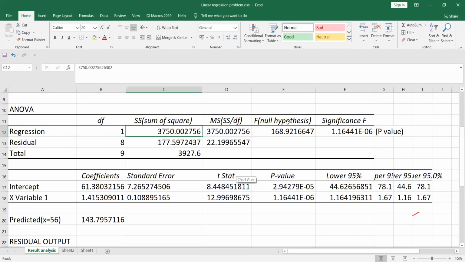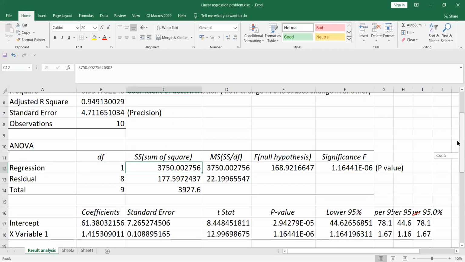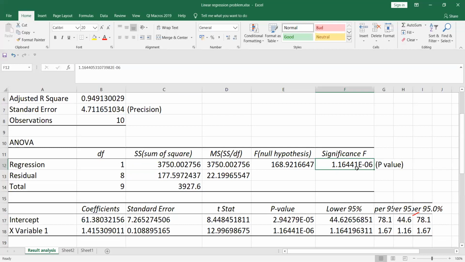F relates to the null hypothesis. If you remember, in the second and third units we applied hypothesis testing. Your significance F is your P value, which shows that it is significant with this null hypothesis, so you are going to accept the null hypothesis.